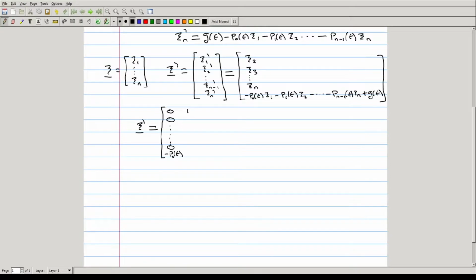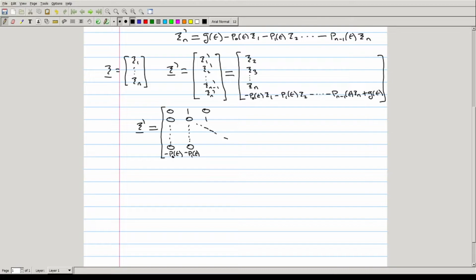And we have a 1 in this column right here, followed by a 0, and zeros all the way down until we hit negative p1 of t, and a 0 and a 1, and then another 0.